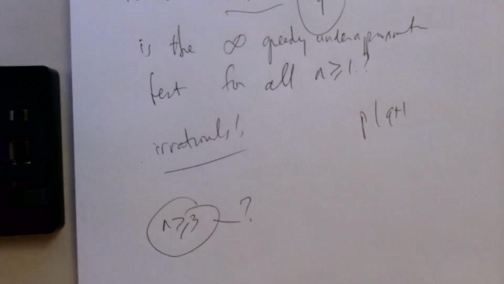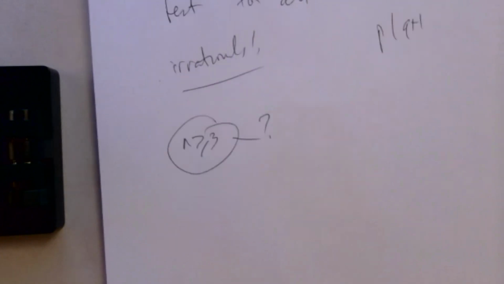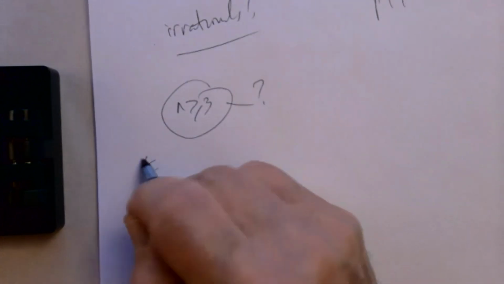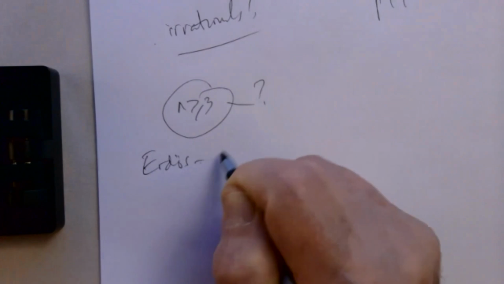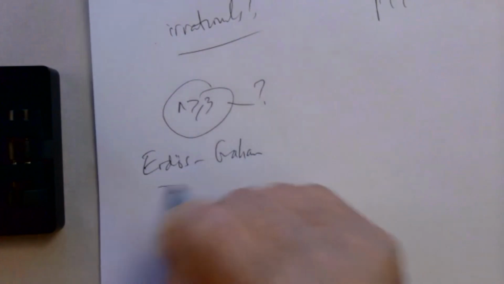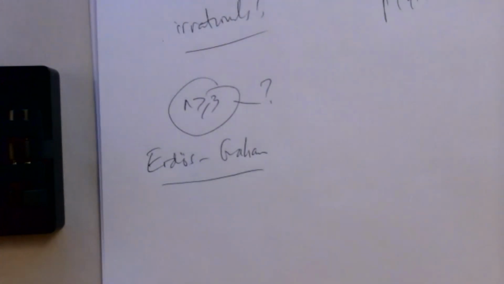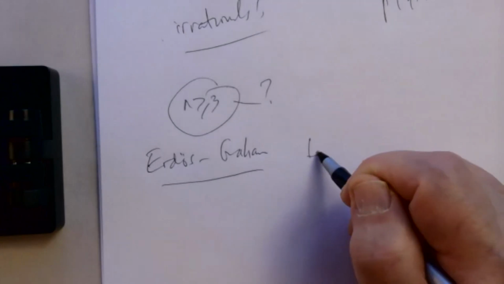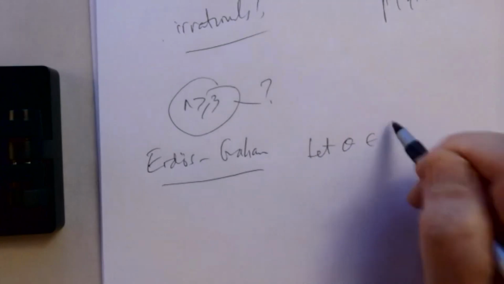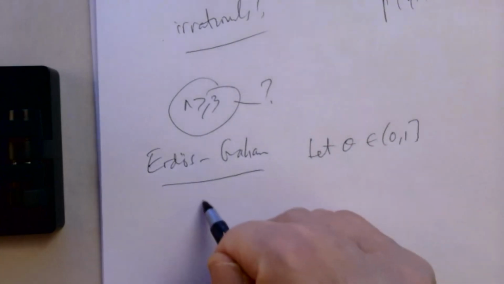And I'll just mention one last problem. So in the famous Erdős-Graham survey called something like Problems and Results in Combinatorial Number Theory, or Solved and Unsolved Problems in Combinatorial Number Theory, they say the following: let theta be some number between 0 and 1.